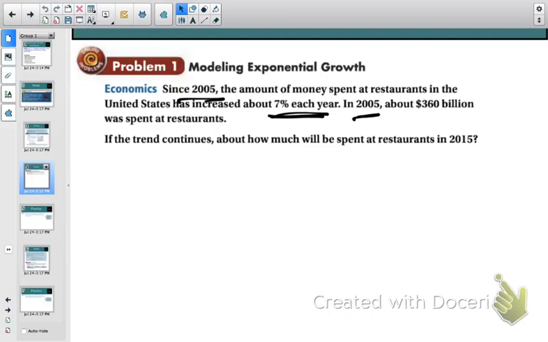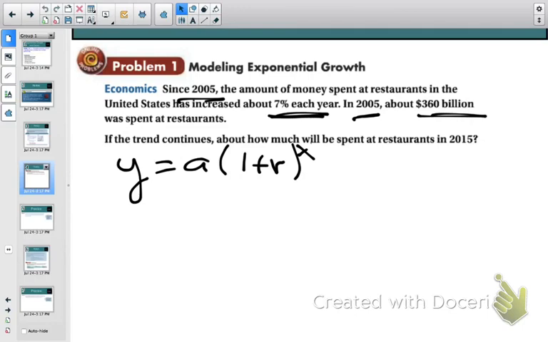Okay, so we're going to start with, well, let me write down the formula. y equals a times 1 plus r to the x. Okay, in this case, a is going to be our initial value, which is 360 billion. I'm just going to do 360. I'm not going to put all those zeros, and our units will be in billions. And then the rate is going to be the 7%. But when you put your 7%, I'm not going to do 1 plus 7.